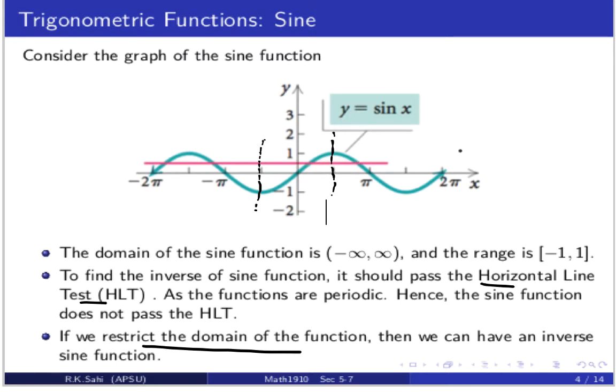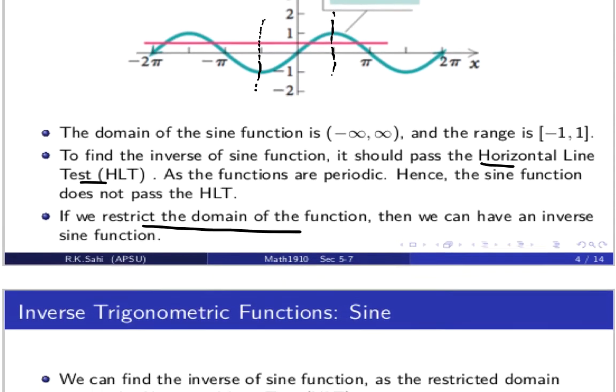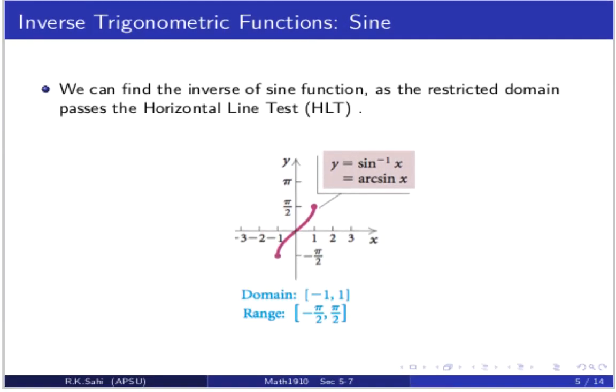I just wanted to pick the convention we basically will be using here. So clearly in that interval, the horizontal line only crosses at 1 point. So that means the restricted domain has an inverse function for the sine. And that's the graph of the inverse sine function.